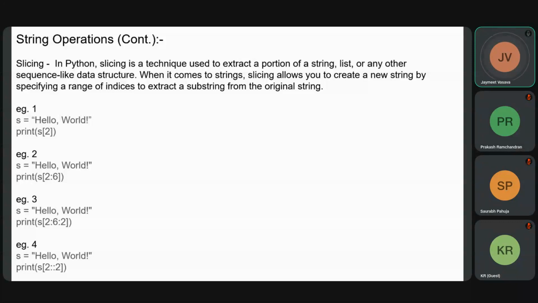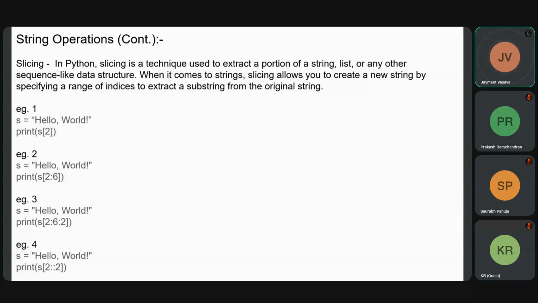While these examples are going, you can also try to execute them if it's possible for you. And we are going to see the output anyway. For example 3, we have the same string, but with different start, end, as well as stride values given.